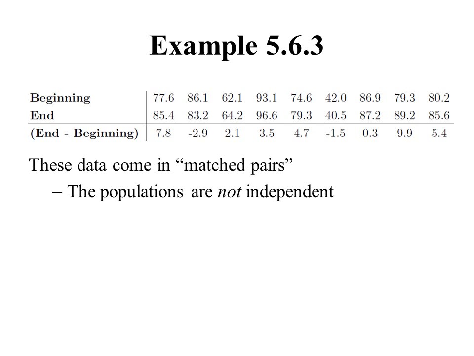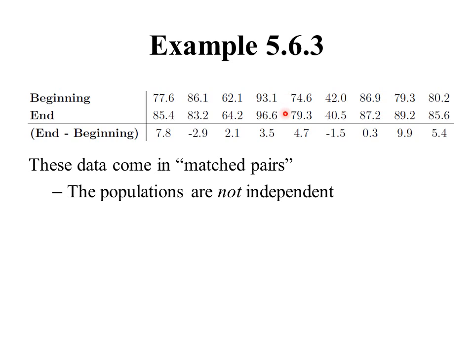So what does that mean? Well, that means that these two populations, the beginning scores and the end scores, are not independent. Remember, independence means that what happens to one population has no effect on the other population. However, note that if a student's beginning score is large, like for this student right here, then their ending score is probably also very large.